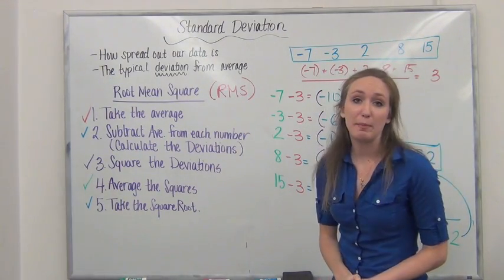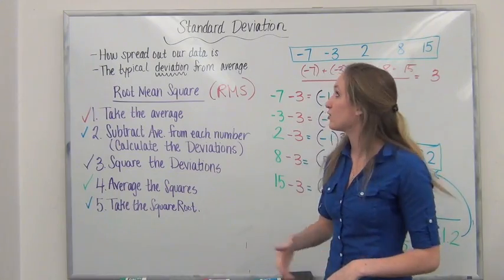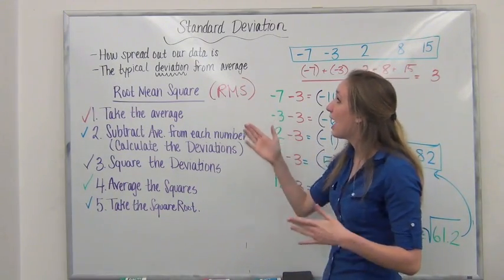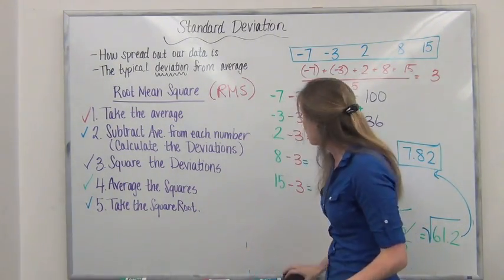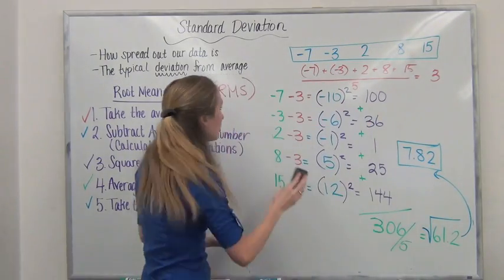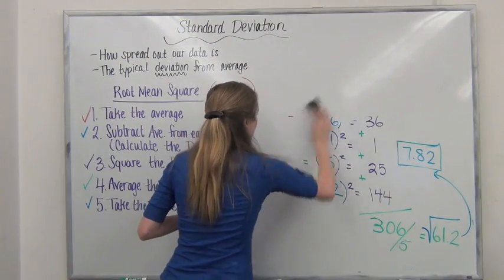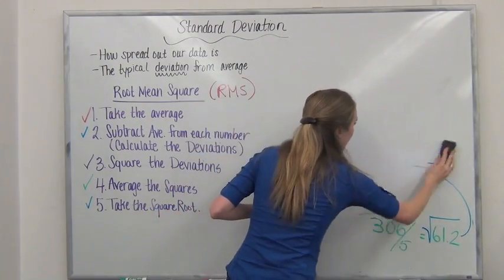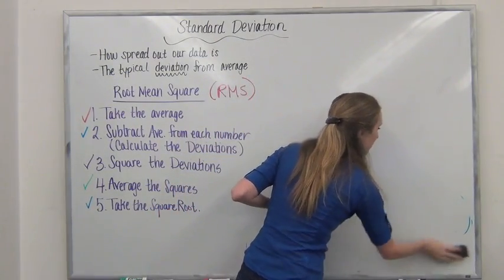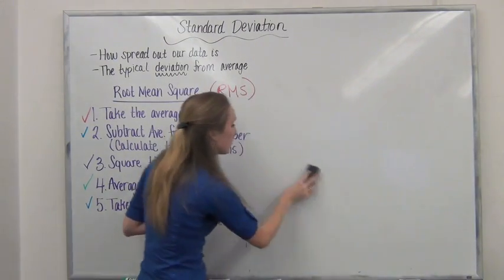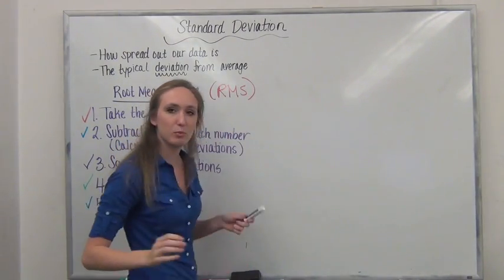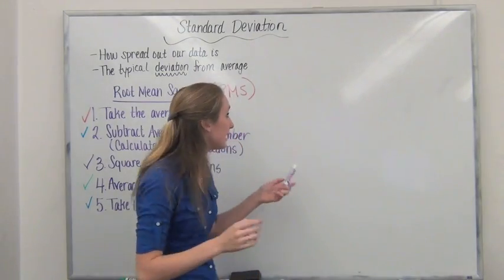And the main thing to remember that really carries forward into future lectures is what the standard deviation is measuring: how spread out our data is. So, if we wanted to see this visually, I should have done this before we had gotten into the nitty-gritty of it. But what does this 7.82 mean? That means that the typical deviation of each number on the list is 7.82 from the average.